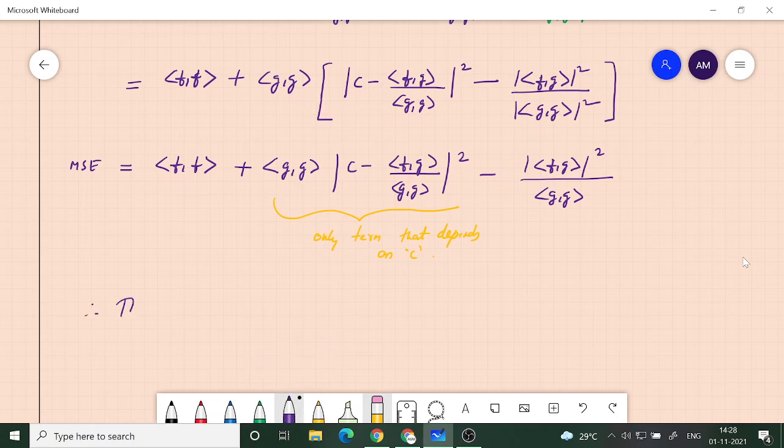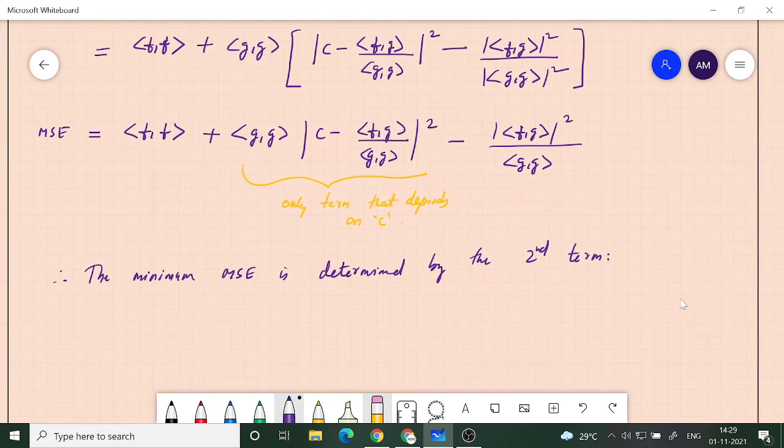Therefore, the minimum MSE is determined by the second term. And what is the second term? This ⟨g, g⟩ is nothing but the energy, which is a positive thing, times the modulus of C minus ⟨f, g⟩, the inner product of f with g, divided by ⟨g, g⟩. Sorry, there is a square here.